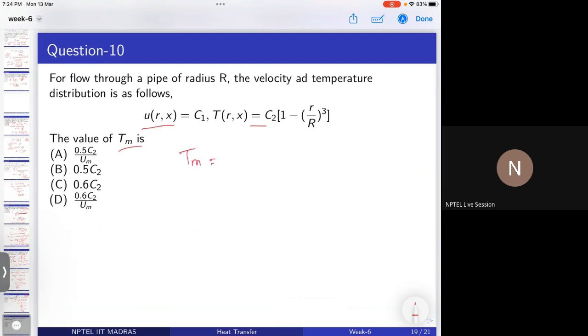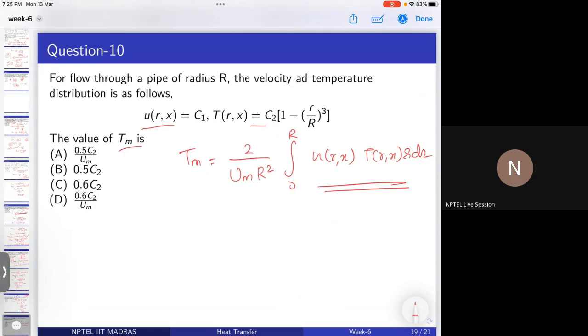Tm is equal to 2 over um r square times the integral from 0 to r of u(r, x) t(r, x) r dr. This expression was already derived by the professor in the lectures, so you can look back at how it is derived. Okay, we know the temperature profile is not linear across the cross section.